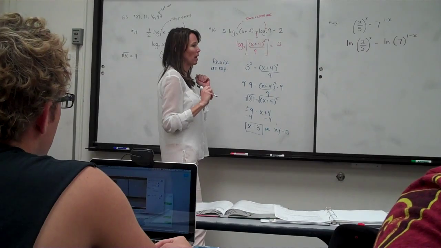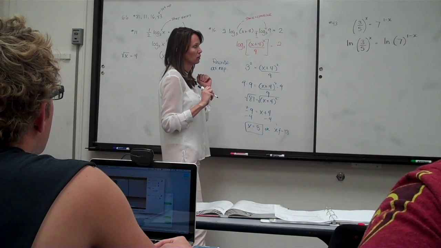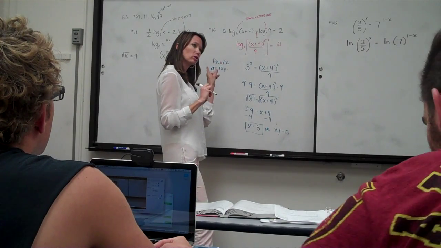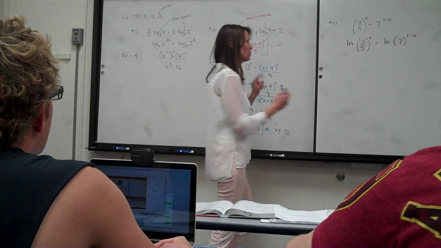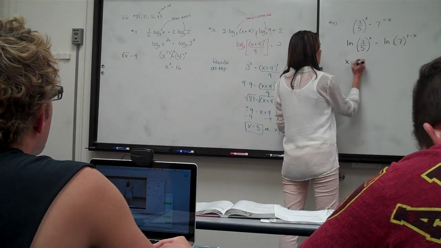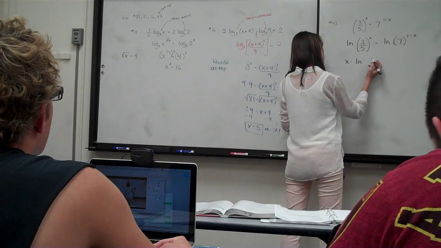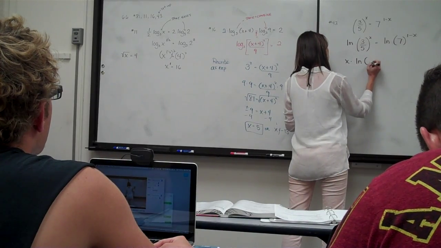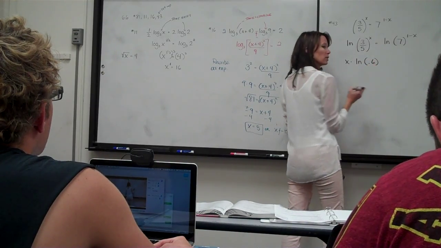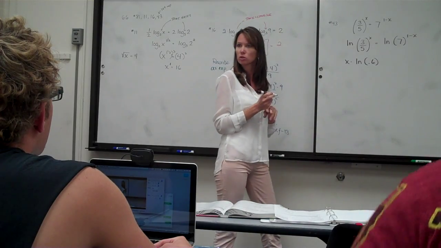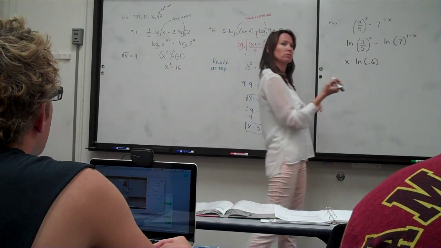What happens with those powers? They get multiplied to the front. So I have x times the ln of 3/5, and why don't we just change 3/5 to 0.6? Let's just change it to a decimal so it's easier to do on a calculator.